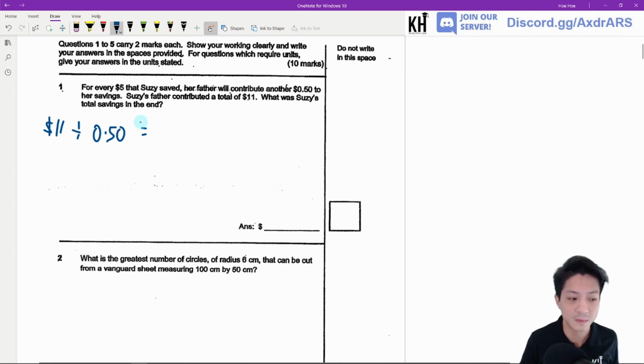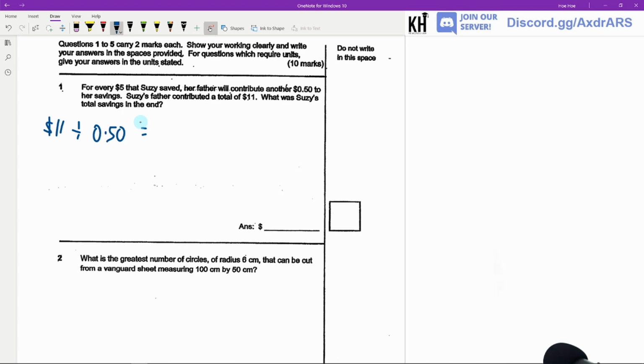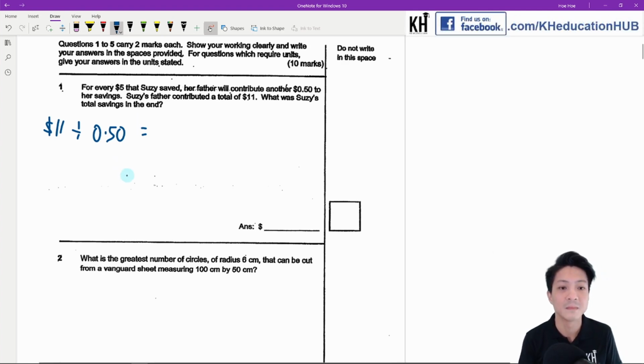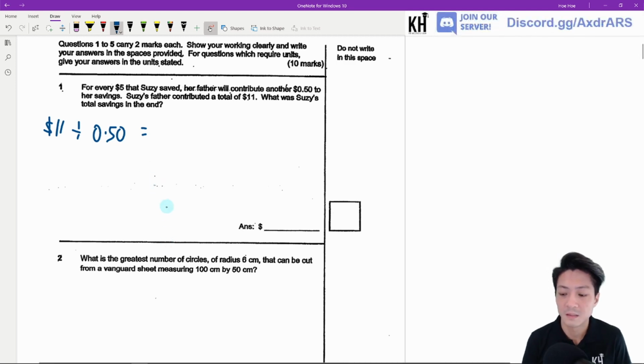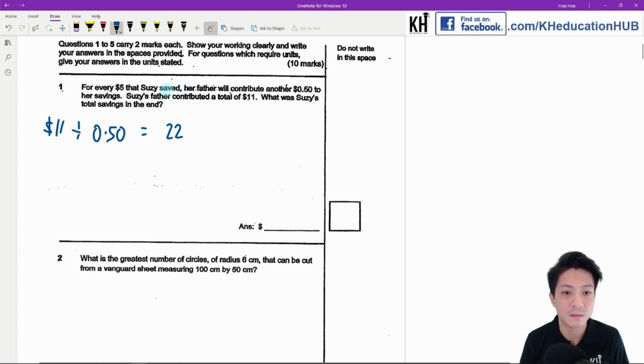Let me go and get my calculator first. $11 divided by 0.5 will give you 22. This means that Susie saved 22 times.